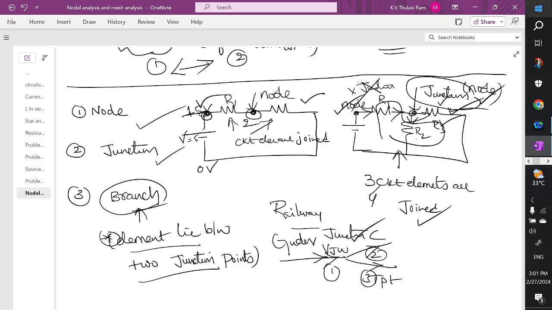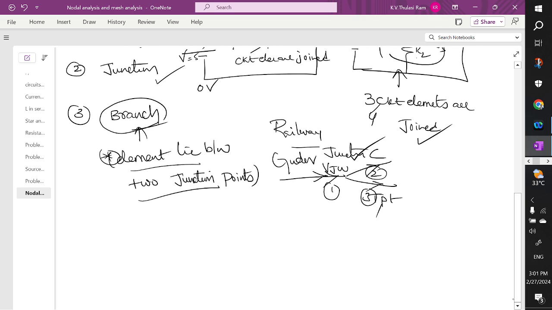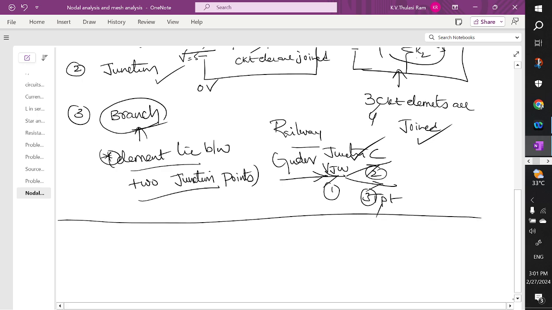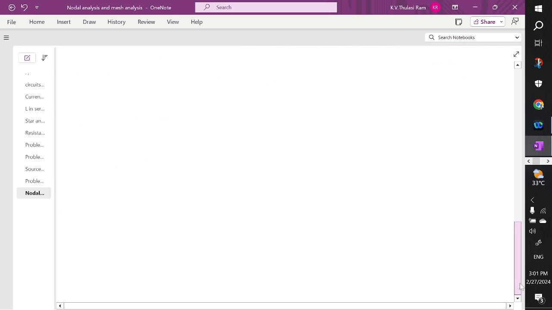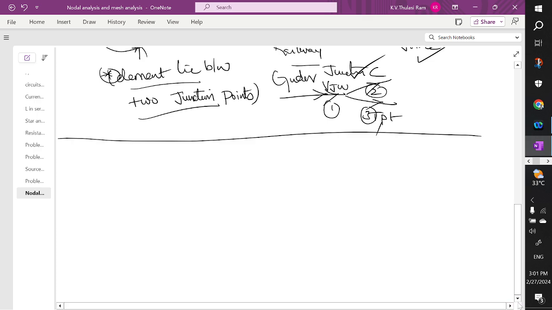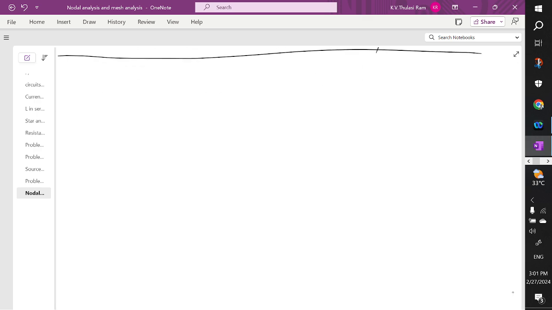Let's try to solve a problem so you can understand better. The problem asked is, a network is shown below. The first question: identify the number of circuit elements. Second, identify the number of nodes.